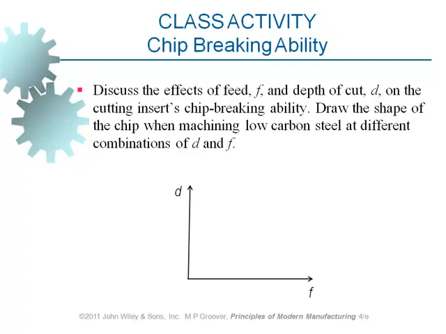The task is to determine what type of chip we get with different combinations of D and F. For example, low D, high F, low D and low F, high D, high F. Each one of these gives you a different type of chip on the basis of what we had in the previous slide. Can you sketch the type of chip that you are expecting to get from these combinations? High F, high D, and the combination of the two, low high and high low.